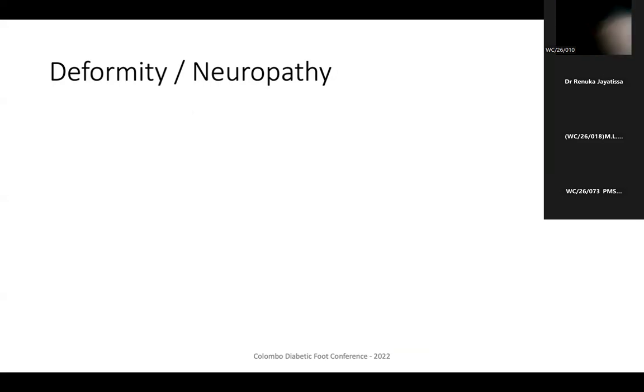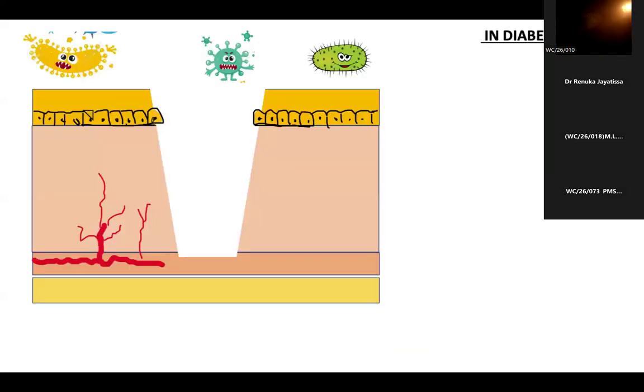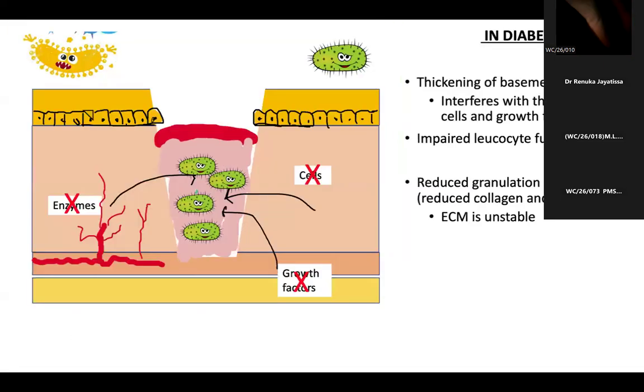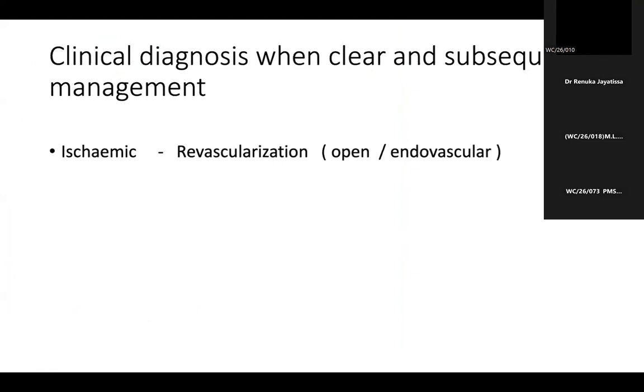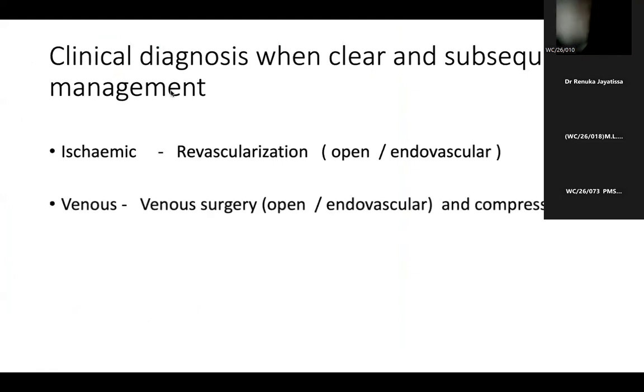The pressure imbalance is often due to a deformity or neuropathy, so it's important to see whether there is any deformity or neuropathy going on. Unless you identify it, the deformity and neuropathy is going to cause problems. If there's deformity, either you correct it with surgery or you make sure you use good footwear.